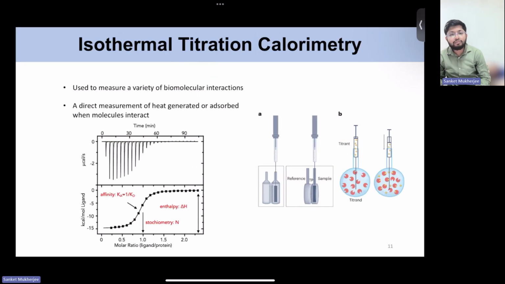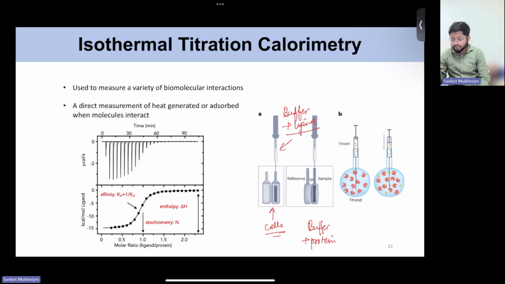In case of isothermal titration calorimetry, it's used to measure a variety of biomolecular interactions. What we actually have, these are called cells, which will have your buffer plus protein, and these are injections which will have buffer plus your ligand, or the interacting molecule with the protein.